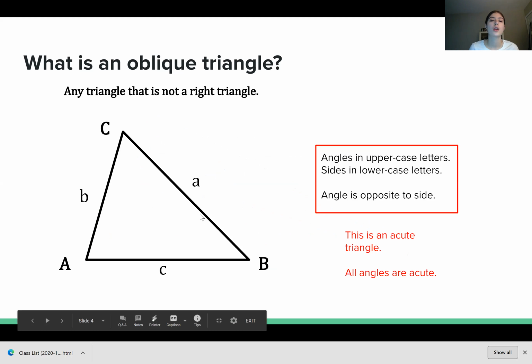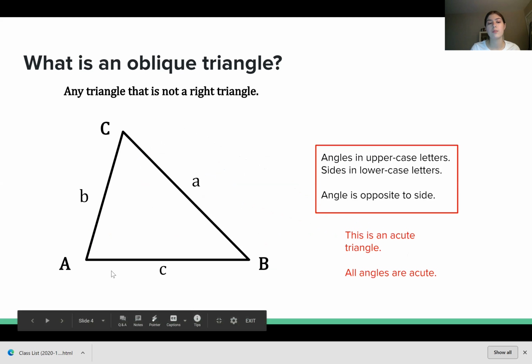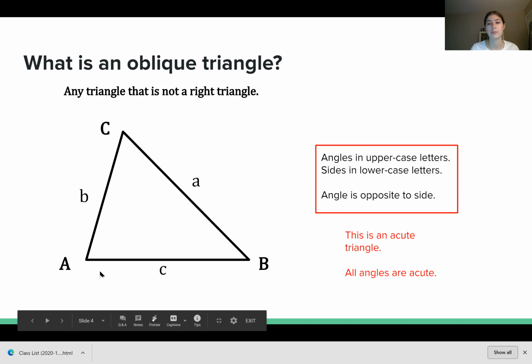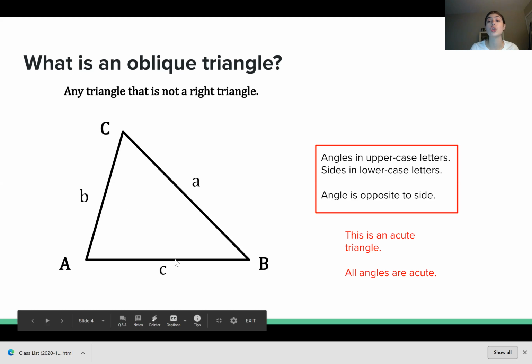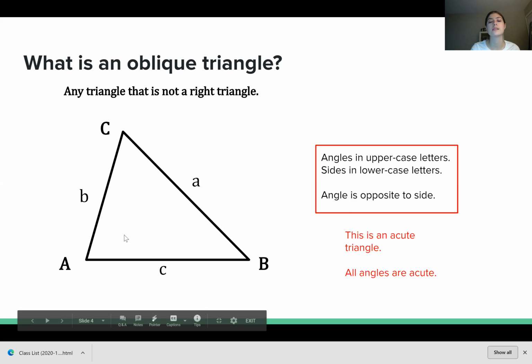Okay. So notice that in this triangle right here, triangle ABC, we've labeled the angles as uppercase letters. We have labeled the sides in between the angles as lowercase letters. And then notice that we have attached the same letter to the opposing angle and side.